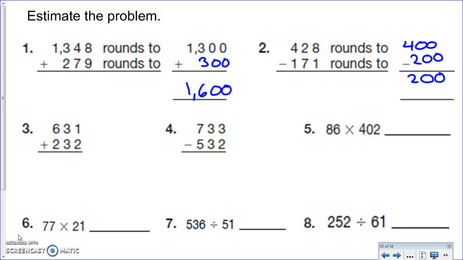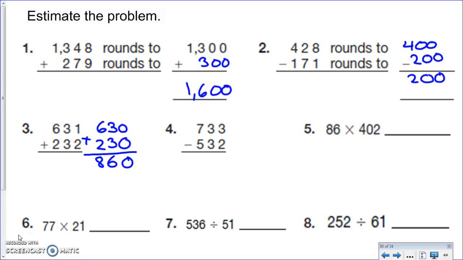For number 3, we can probably round to the nearest 10 and still be able to do it in our head. So we're going to round 631 to 630 and 232 to 230. And our estimated answer is 860.